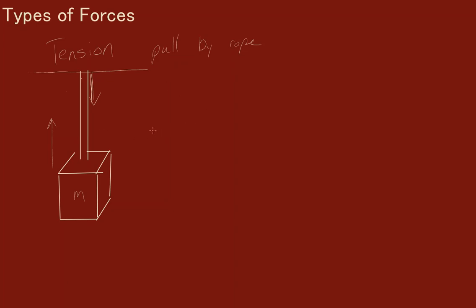And the assumptions that we have to be careful of are whether or not this rope has mass, or if its mass is kind of negligible compared to what it's holding or what's pulling on it.